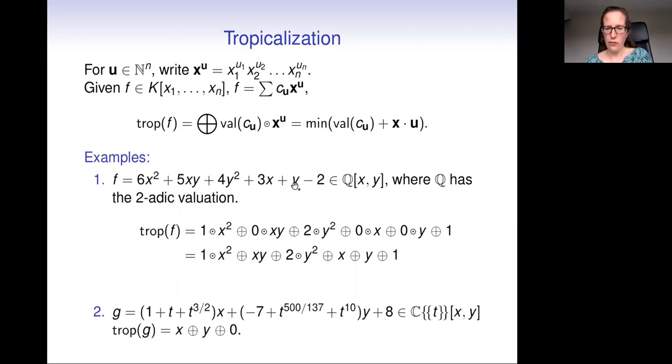And that's 1 times y, which is odd, so I get a 0. And 2 is 2 to the 1, so I get a 1. And you'd notice that 0 is the multiplicative identity, so I could have actually not written the 0. So I could just write 1 tropical times x squared, tropical plus xy. And I could have, and probably should have, written x tropical times y here and so on.